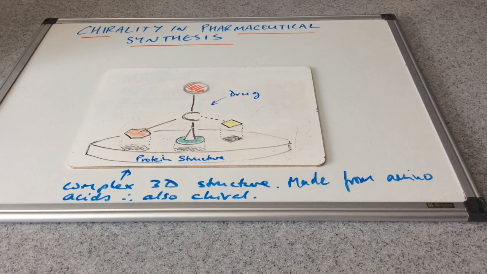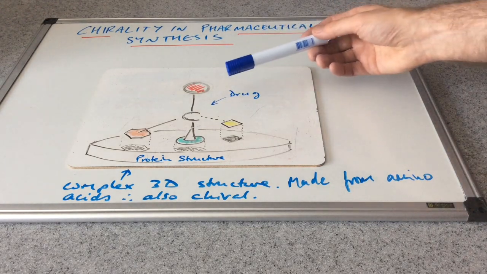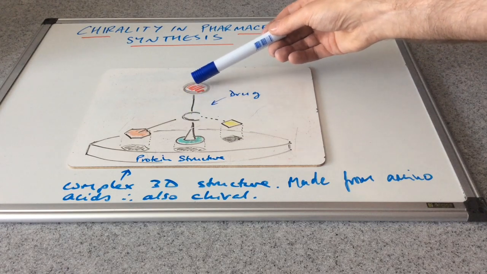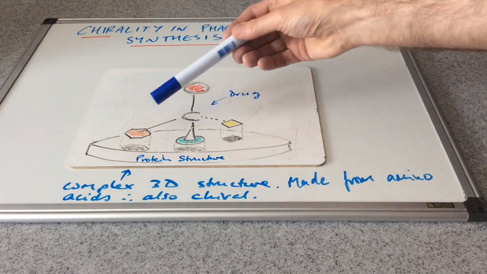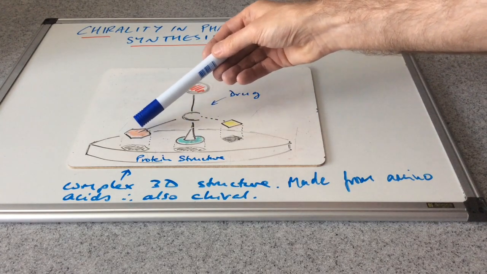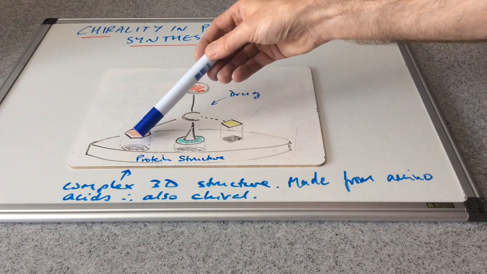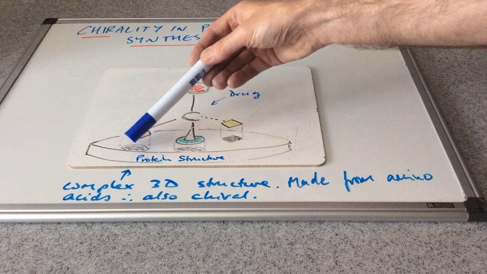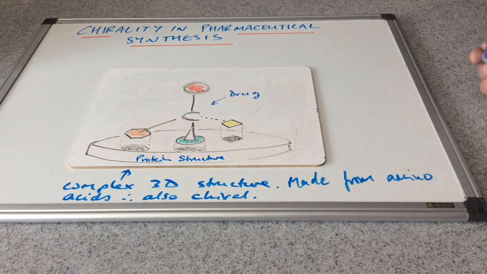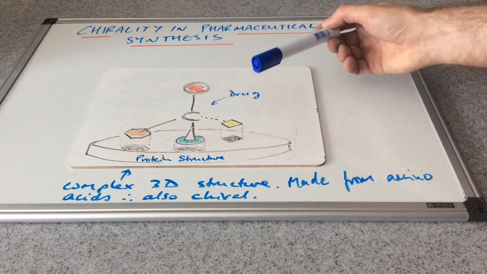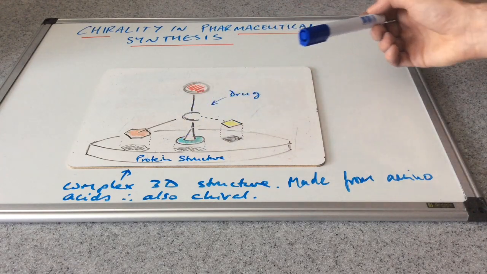Hopefully my diagram here can give you a sense of what the drug has to be able to do. We've got the chiral center with the 4 groups, and you can see that this orange hexagon group is lined up with the hexagon shape in the protein structure. The green circle is lined up and the yellow diamond is lined up.